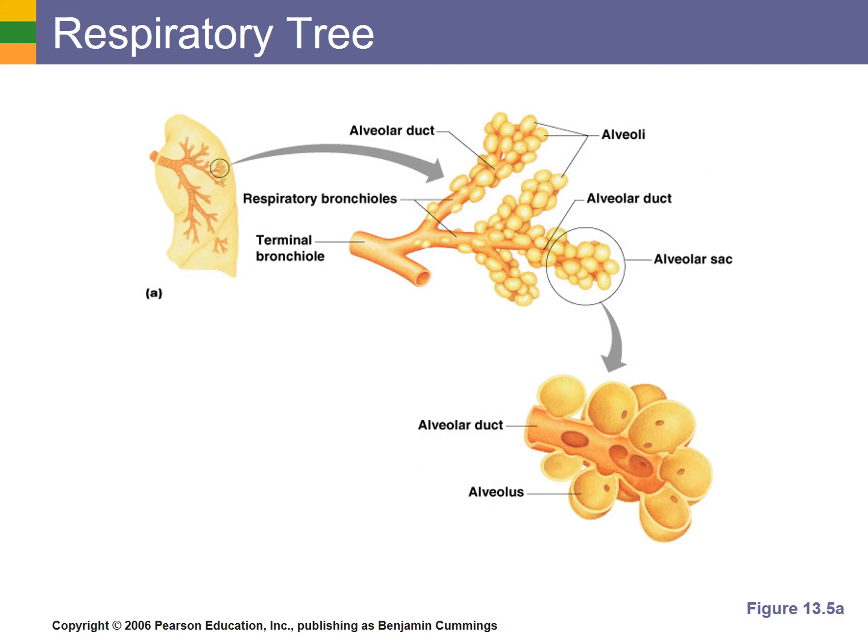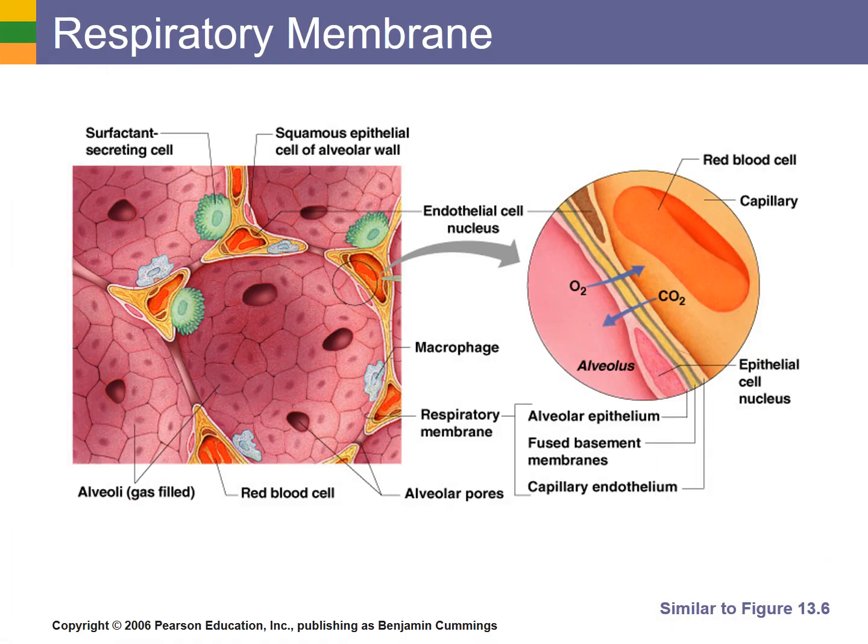Although not shown on this image, all along the outer surface of these alveoli would be the pulmonary capillaries, and where the walls of the pulmonary capillaries and the walls of the alveoli meet, we have the respiratory membrane. And here is the image of the respiratory membrane taken from your book.